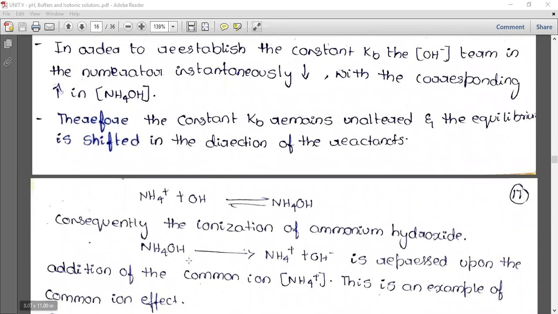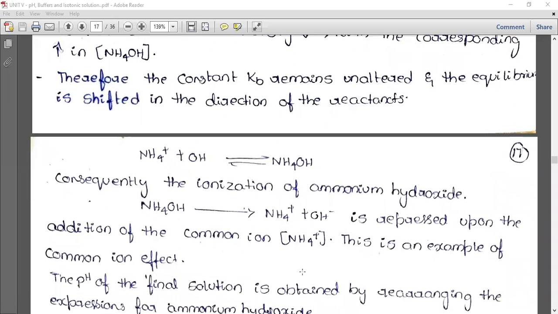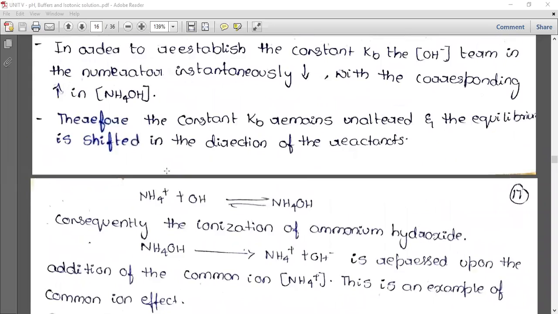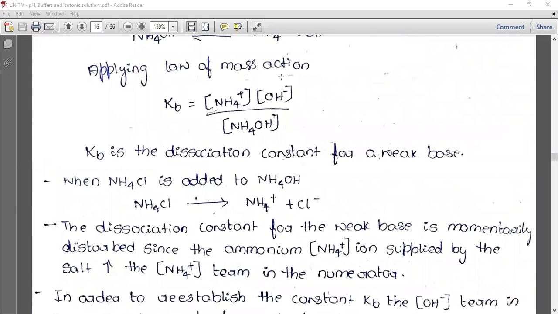So the ammonium hydroxide dissociates into ammonium ion and hydroxyl ion, which is repressed upon addition of a common ion, which is ammonium ion. On introducing ammonium chloride to this system, ammonium ion increases.